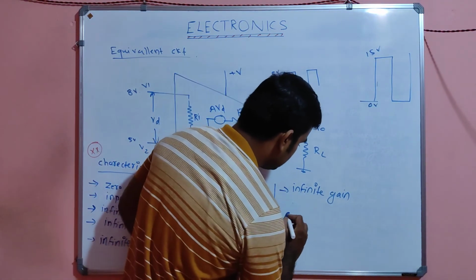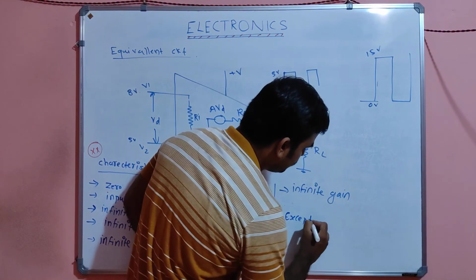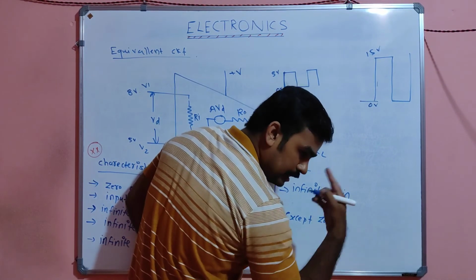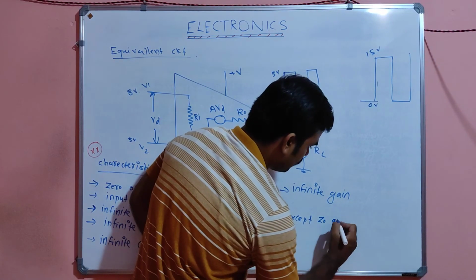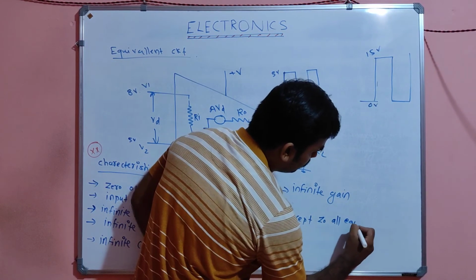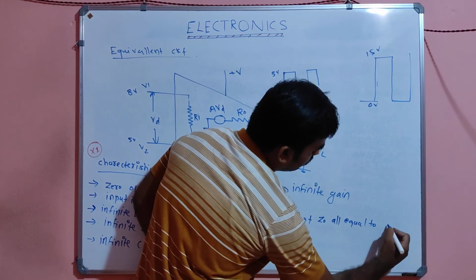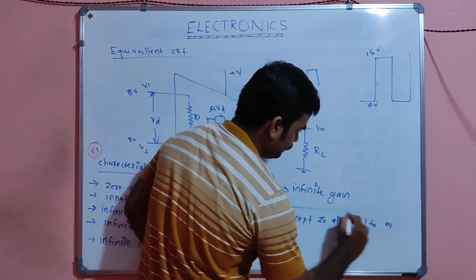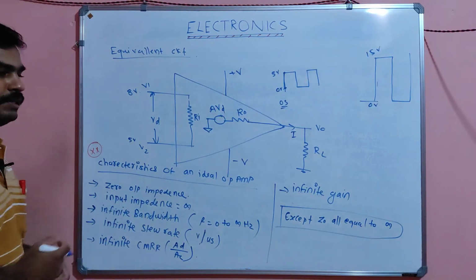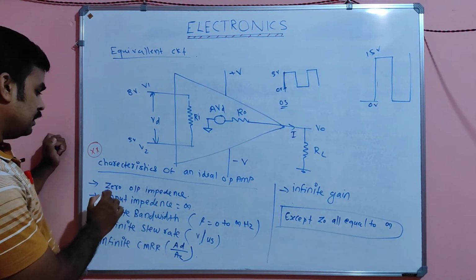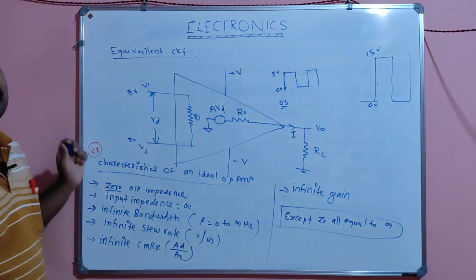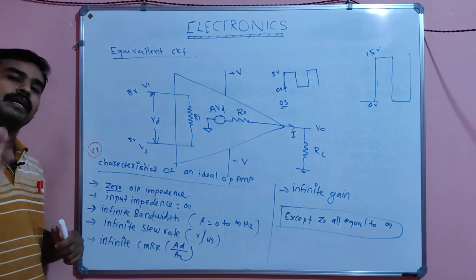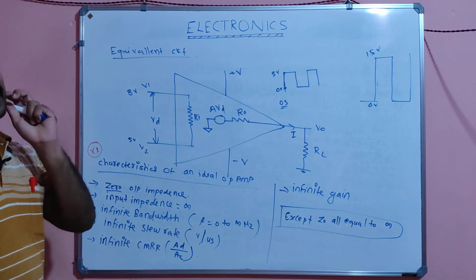So mark it like: except Z0, the output impedance, all equal to infinity. Make it in a box and you can easily see. Here the output impedance is 0, and the rest are all infinity, infinity, infinity. In that way you can remember this.